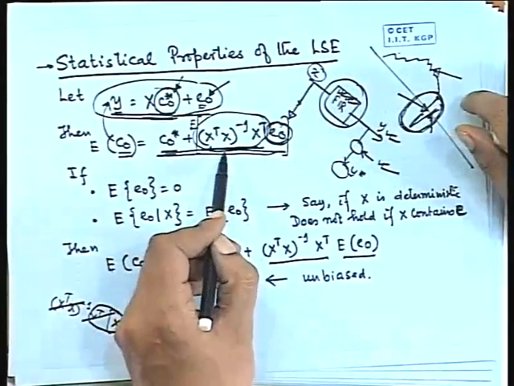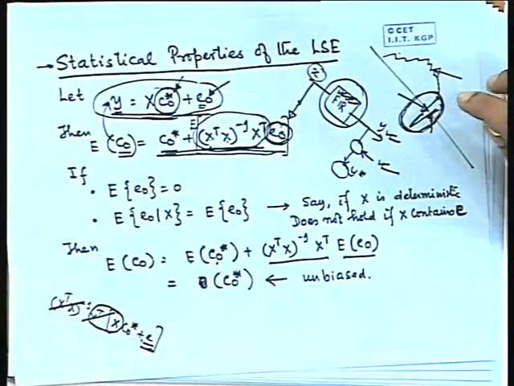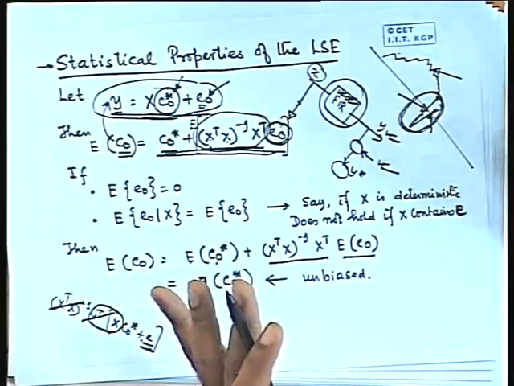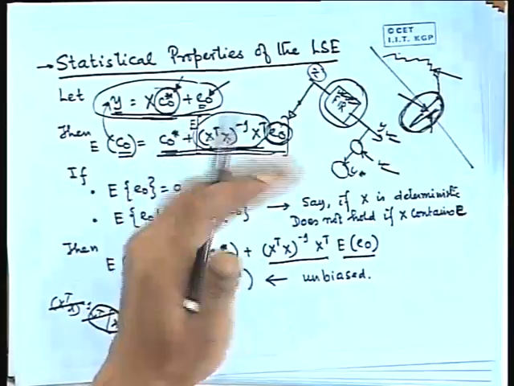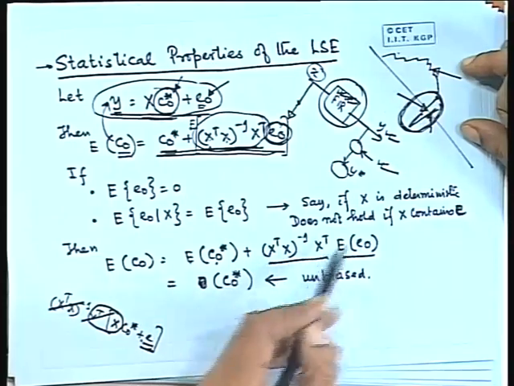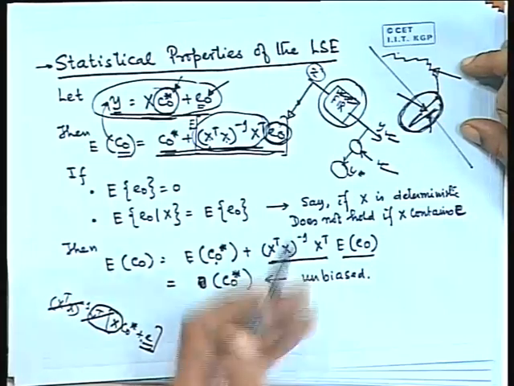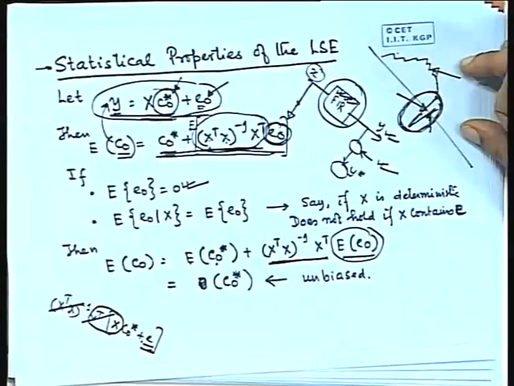But if they are not independent, for example if X itself contains E, then it is not possible. You have to remember this. A very simple result is that if it is deterministic, there is no expectation, it will come out, and if you have this as 0, then you get C0 star.